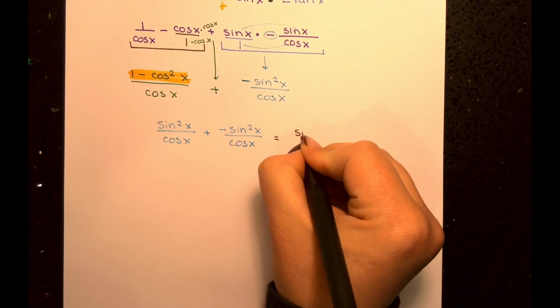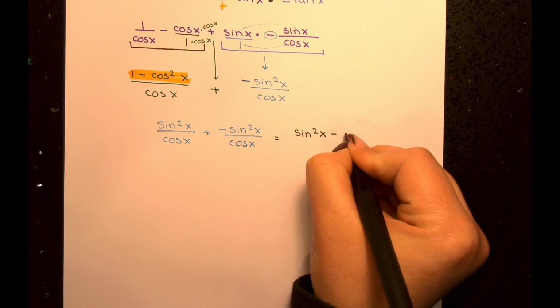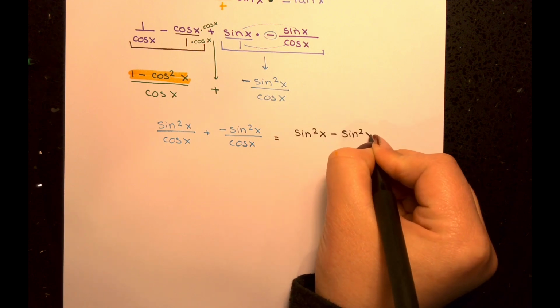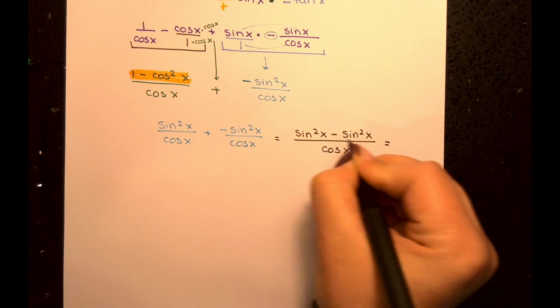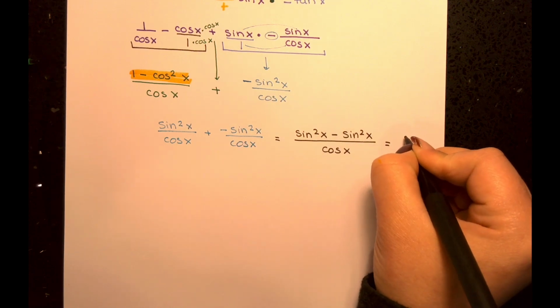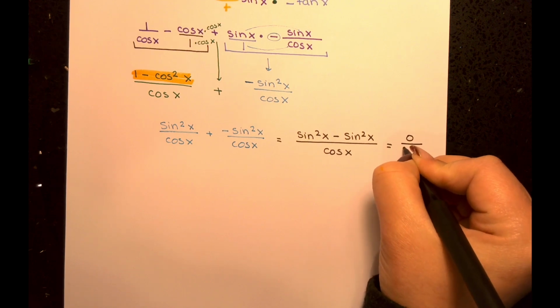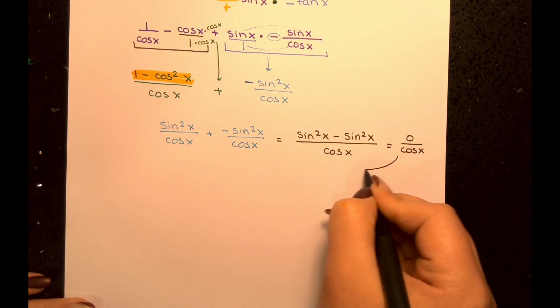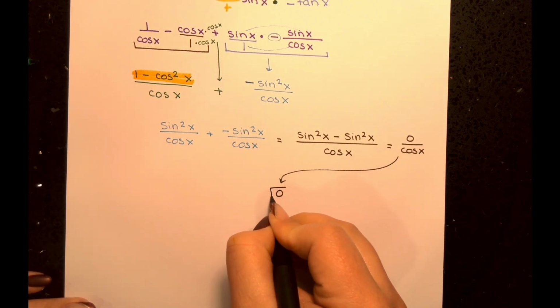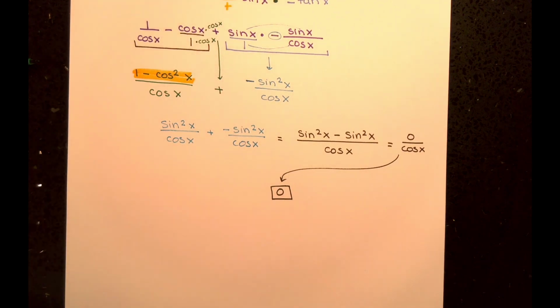We can just combine sine squared of x minus sine squared of x over cosine of x. Sine squared of x minus sine squared of x is just 0. And 0 divided by anything is just 0. So 0 is your answer.